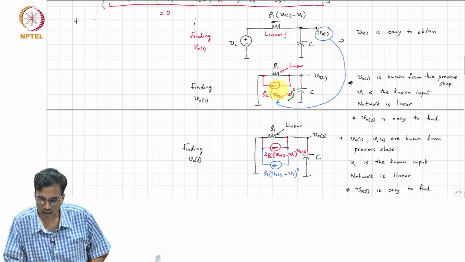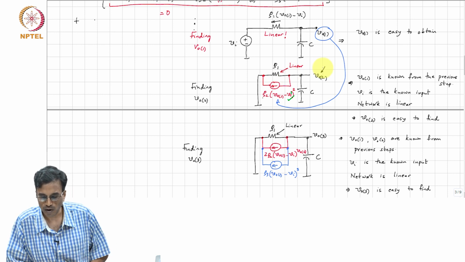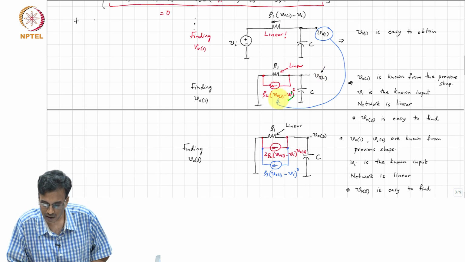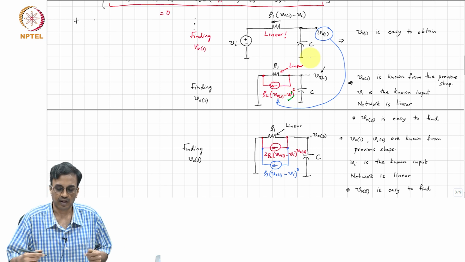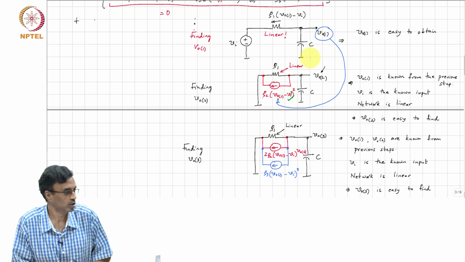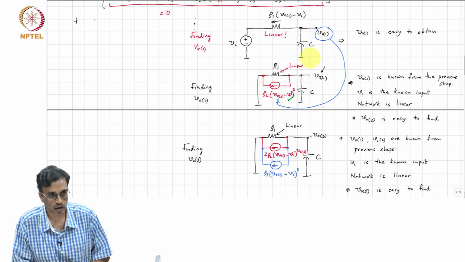That will cause the output to be a function of both V01 and Vi, because the current through G1 in the original network depends on V01 minus Vi.